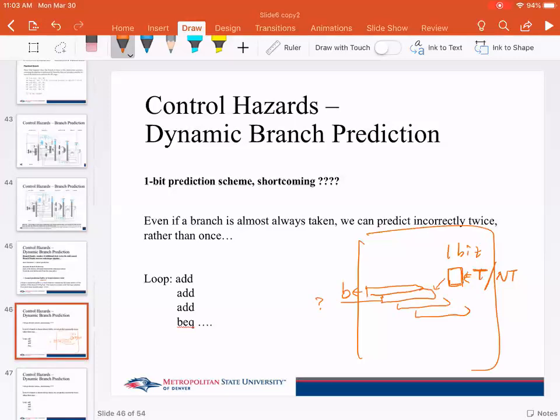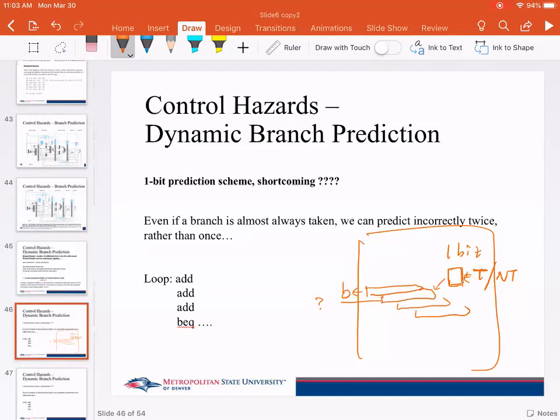Each time we pad an instruction into the pipeline, we look at the branch prediction buffer. If it is true, then I pad the next instruction according to the branching label. If it is not true, that means the branch is not taken, and I pad the instruction next to the branch instruction.